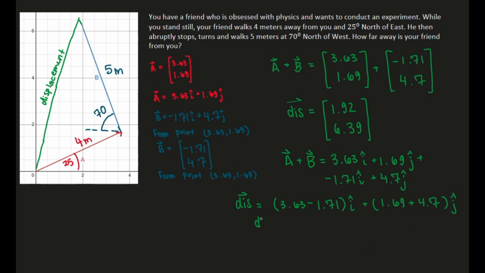The displacement vector is 1.92 i hat plus 6.39 j hat.